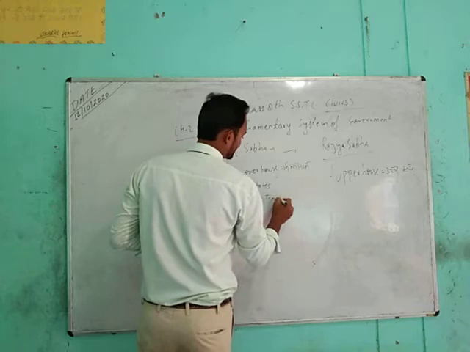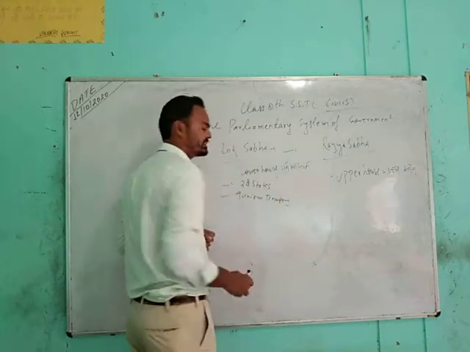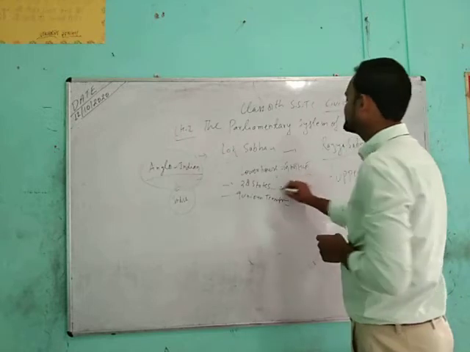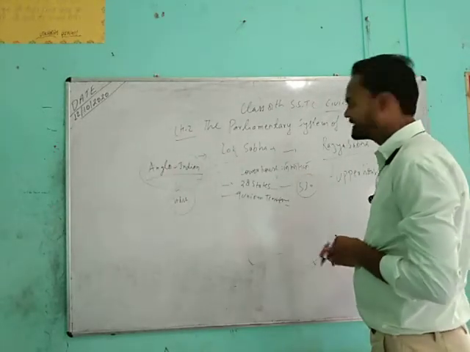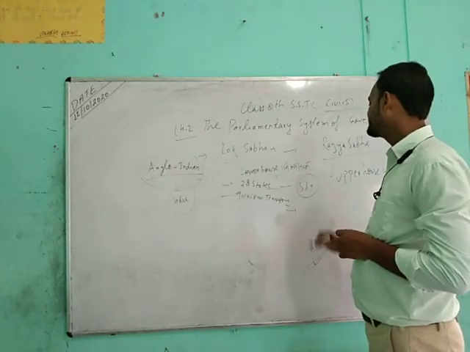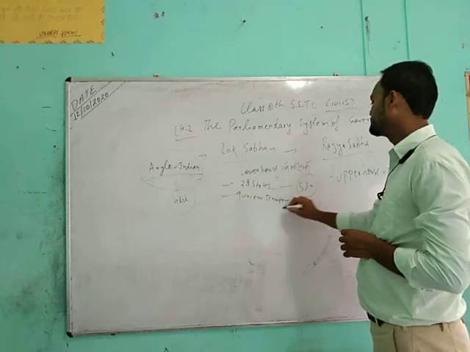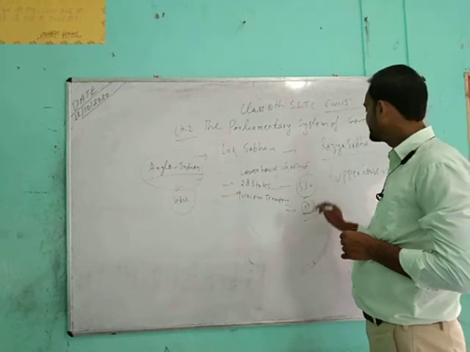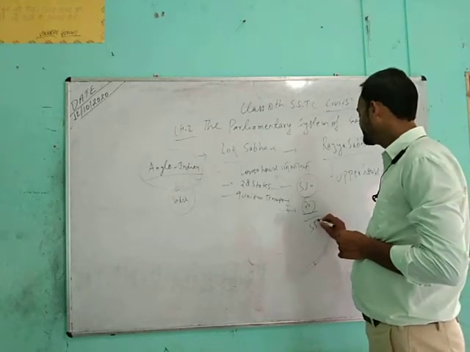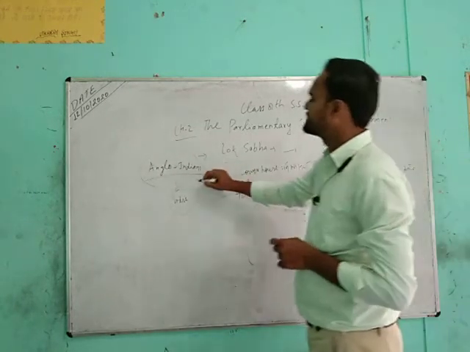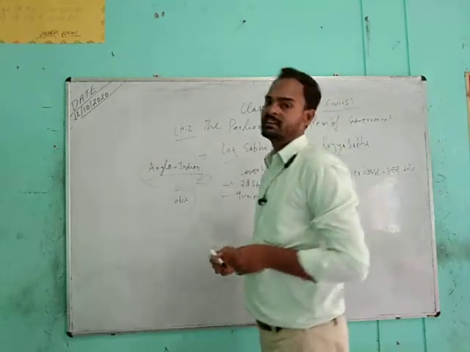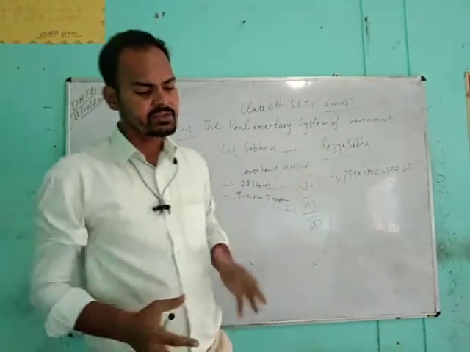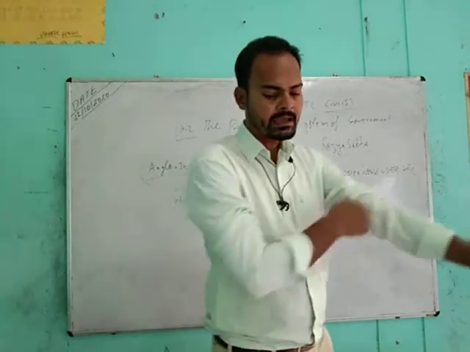So 530 members from 28 states are elected, and 20 members from these 9 union territories are elected, and that is 550. And 2 members are nominated by President, and they have to be Anglo-Indian. So students, this is the composition of Lok Sabha.